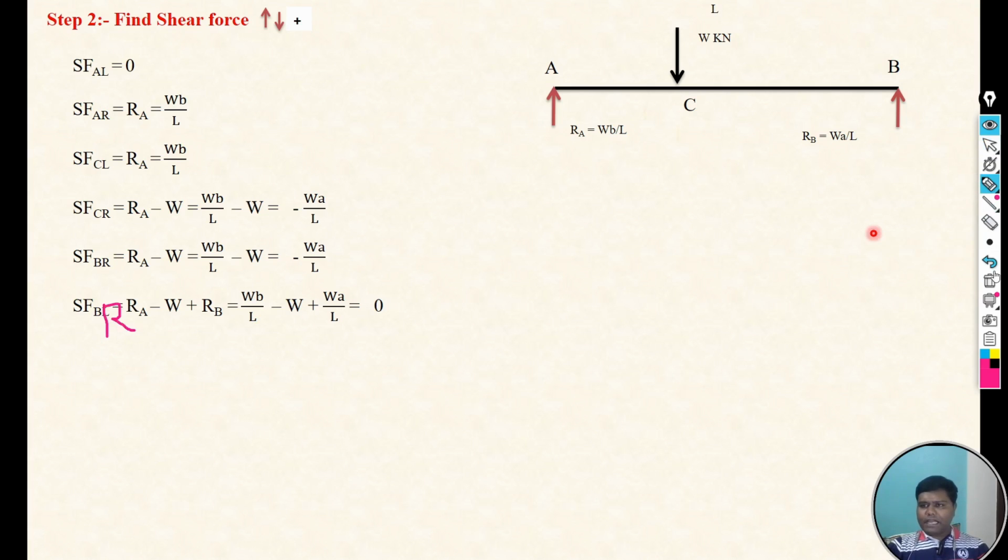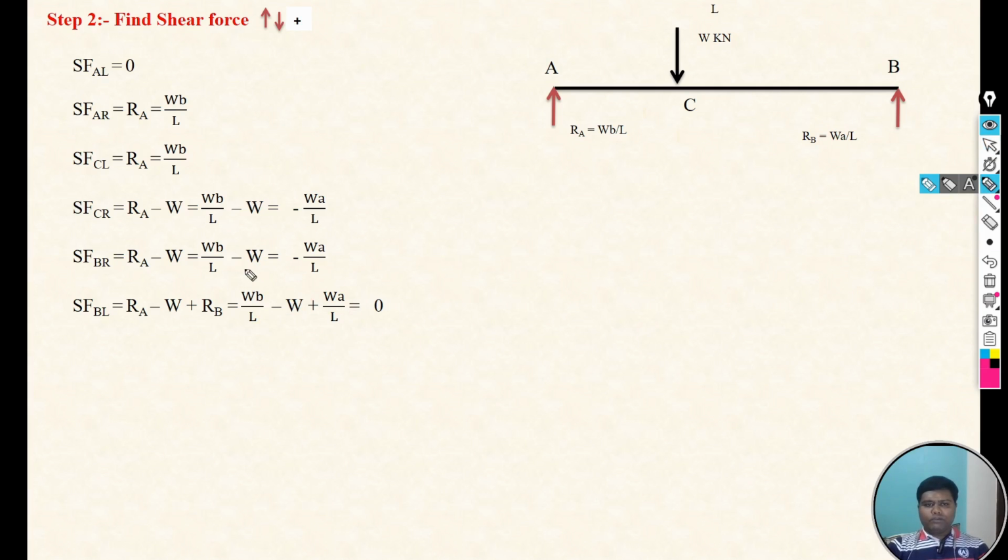So the equation at B right is RA positive, minus W because of downward, plus RB. RA is WB by L, so minus W, and RB is WA by L.